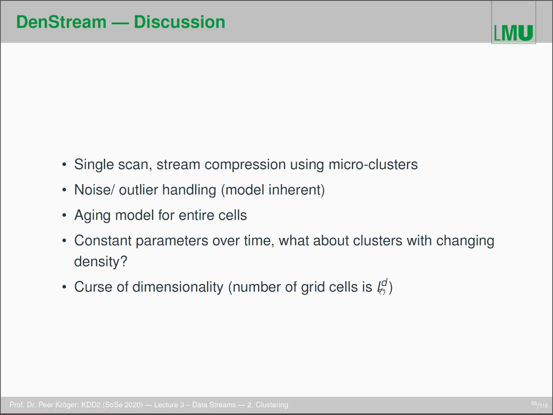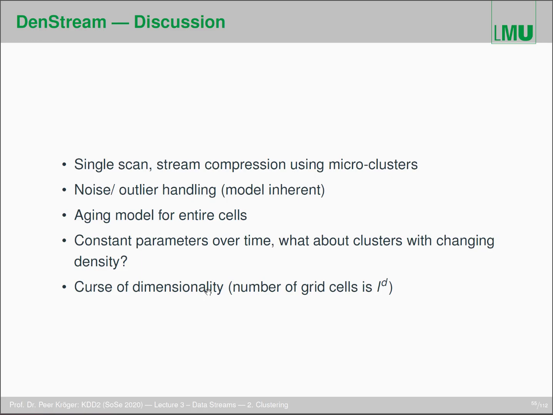We may expect at least L to the power of D cells, and in the worst case, if we have say n points seen so far from the stream, all the n points are just in one single cell.